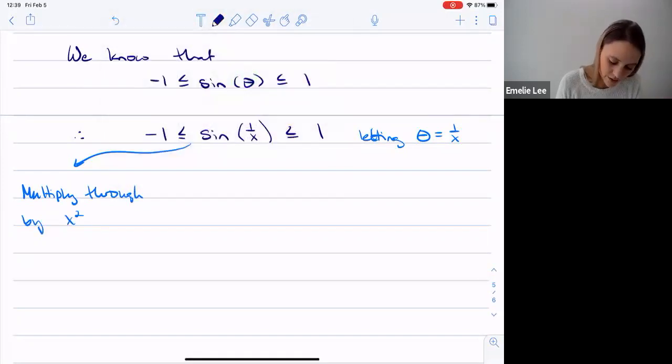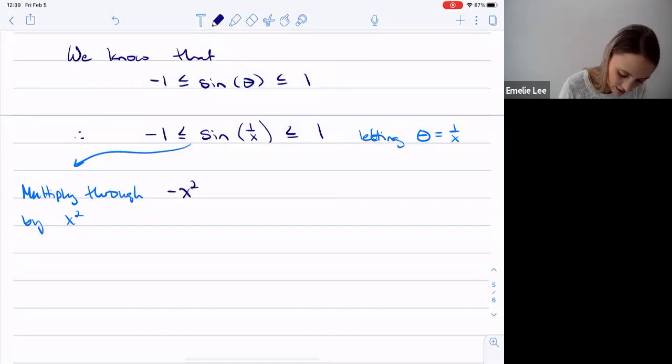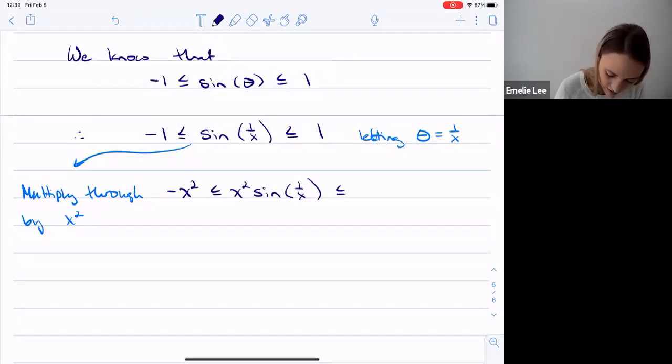So then that's going to be -x squared is less than or equal to x squared times the sine of 1 over x, which is less than or equal to 1 times x squared, which is just x squared.